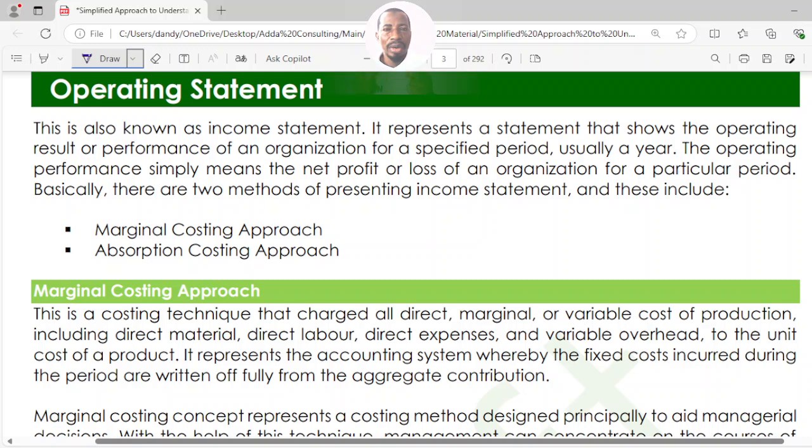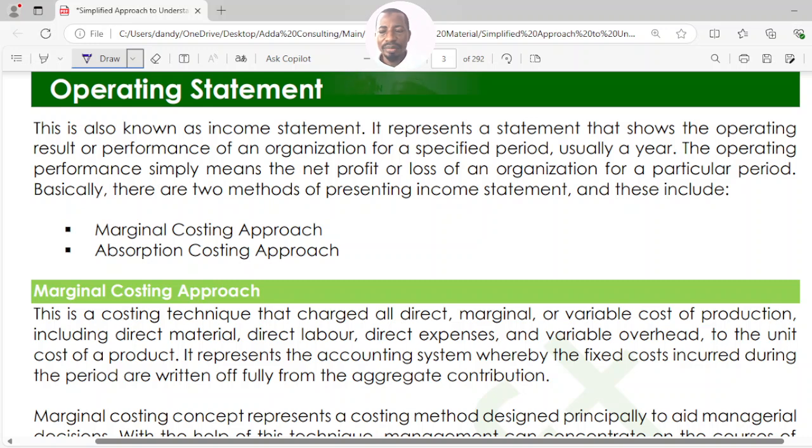Operating performance is simply the net profit or loss. In financial accounting, the profit or loss account is a statement that measures the performance of an organization. So, profit generally is a measurement of performance.